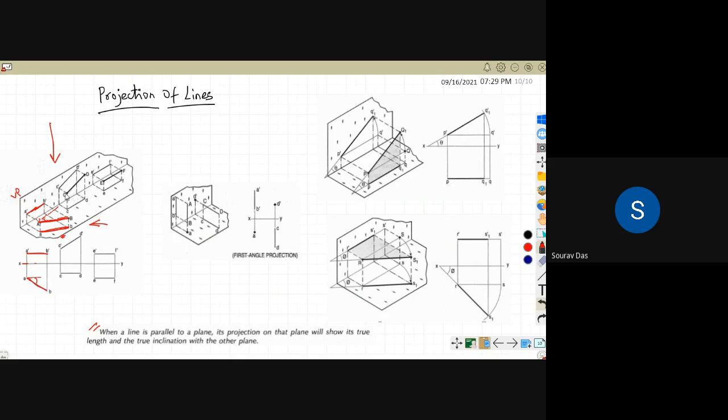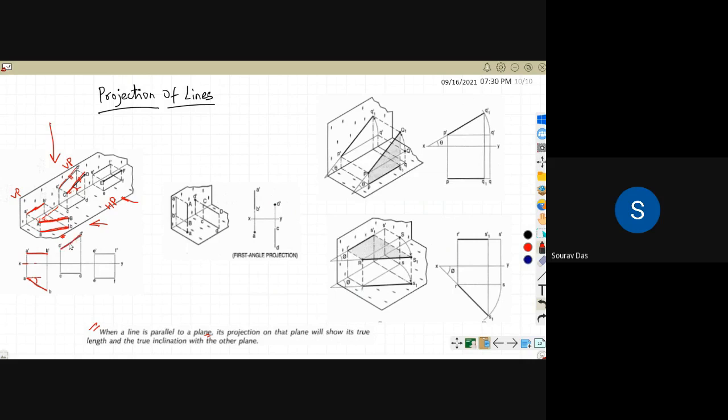Now say in the second case, this line is inclined to the horizontal plane, and it is parallel to the vertical plane. So when a line is parallel to a plane, as this is parallel to this vertical plane, its projection on the vertical plane, that means the front view, will give the projection of this line on the vertical plane.